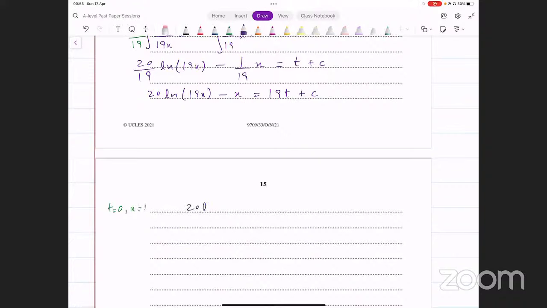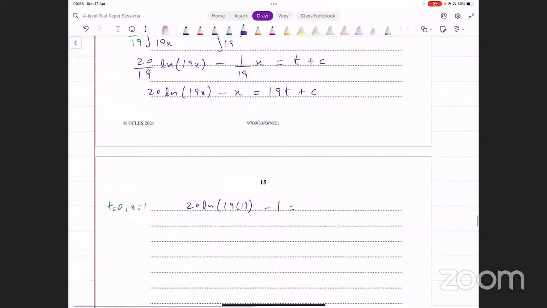We have 20 ln of 19 times 1 minus 1 that equals 19 times 0 plus c. ठीक है. c क्या आ गया? c हमारे पास आ गया 20 ln 19 minus 1.